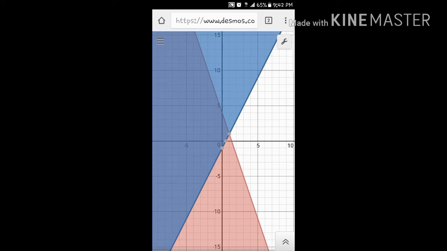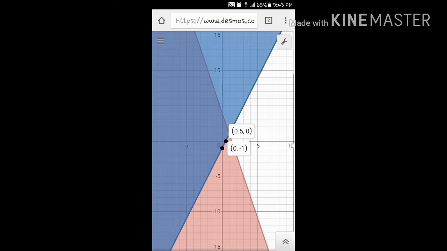So in the first line, the blue line, we have (0, -1). You go to your graph paper and x is 0 and y is -1, so you plot a little circle right there.